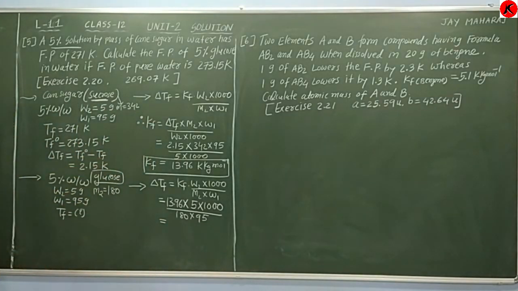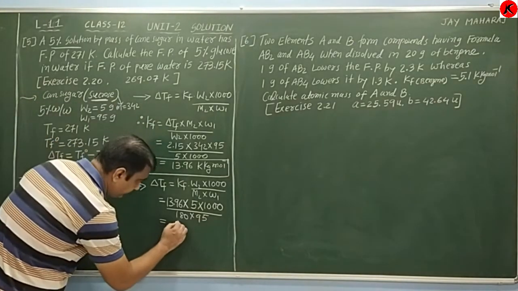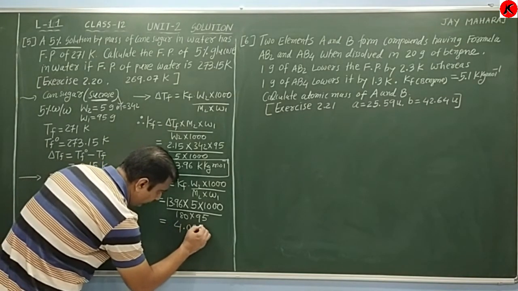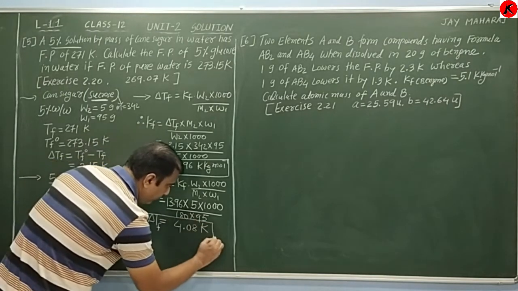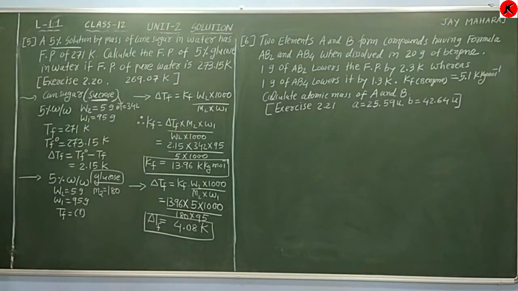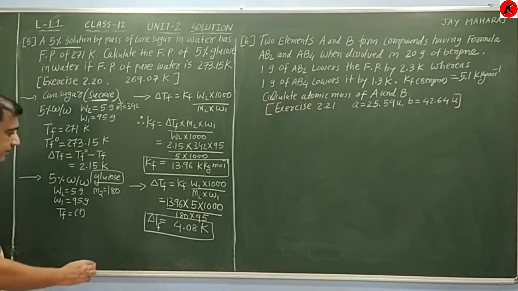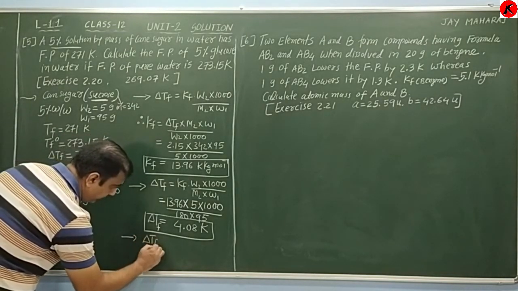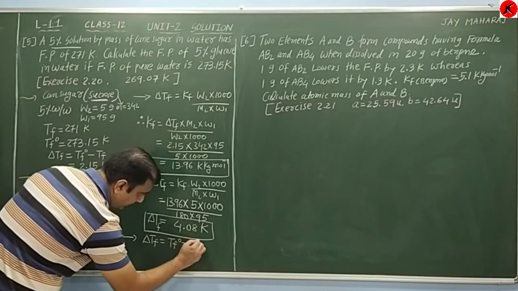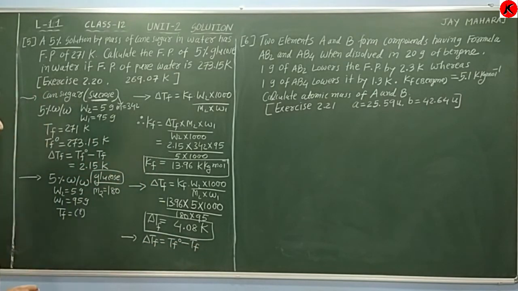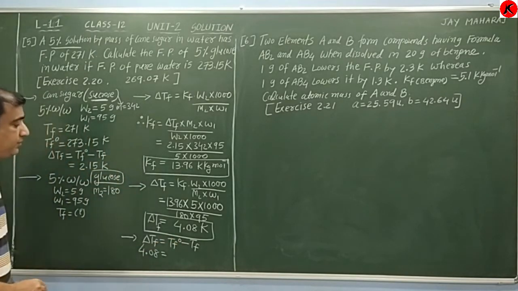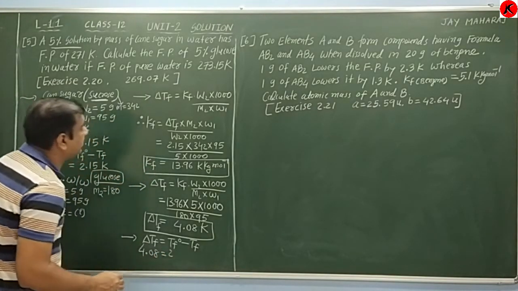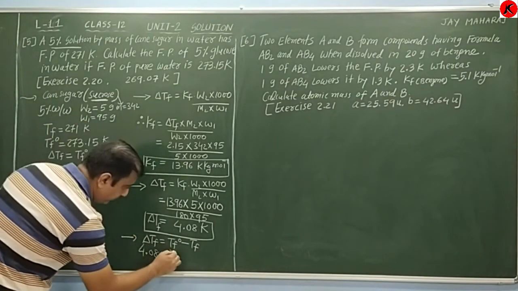When this is simplified, you will get the answer 4.08 Kelvin. Delta TF is calculated, 4.08 Kelvin. Now we have to calculate the TF. That means delta TF equal to TF0 minus TF. Delta TF is 4.08. Now TF0 means the freezing point of water, which is given as 273.15.